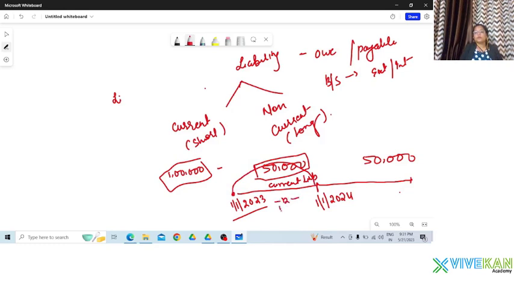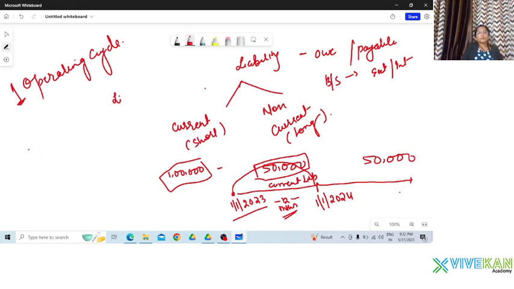Now 12 months is the general idea; we are taking 12 months, but the concept is based on the operating cycle. What do you mean by operating cycle? If this amount has to be paid within one operating cycle, then this is called a current liability.